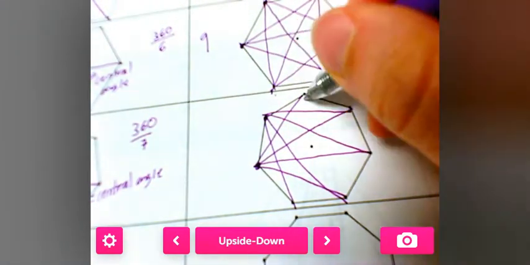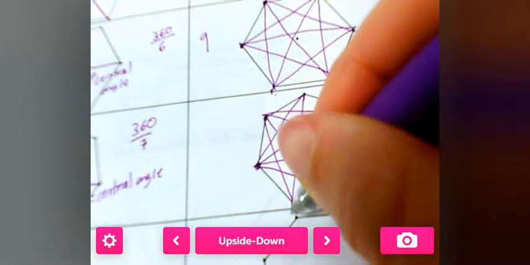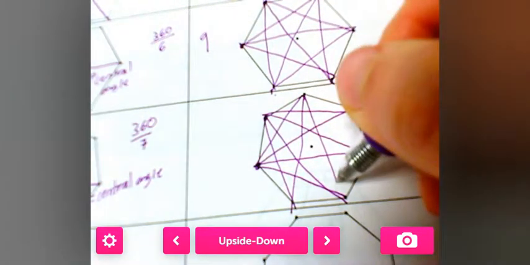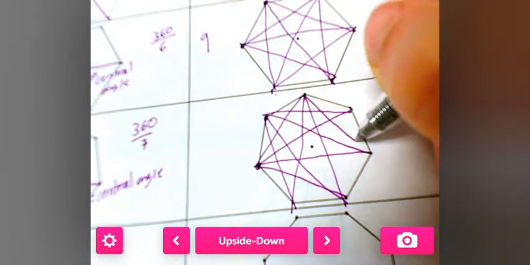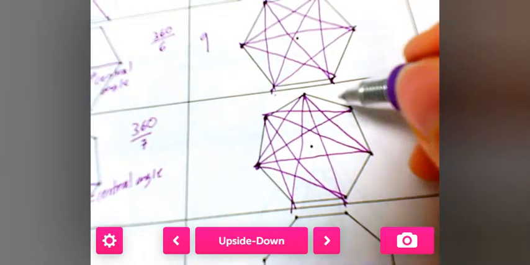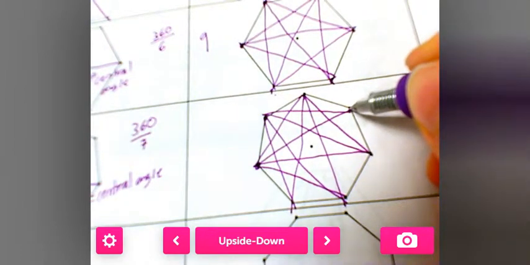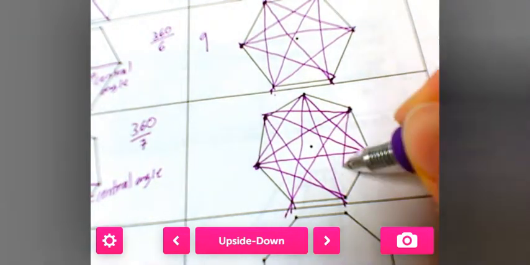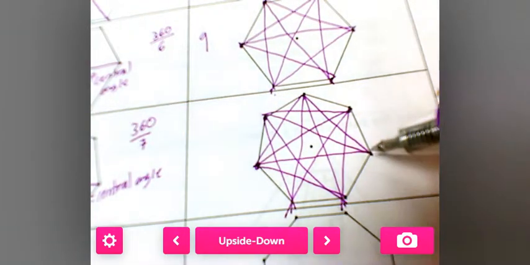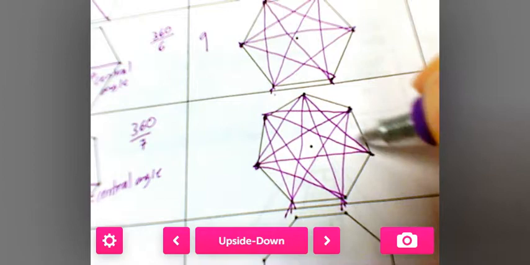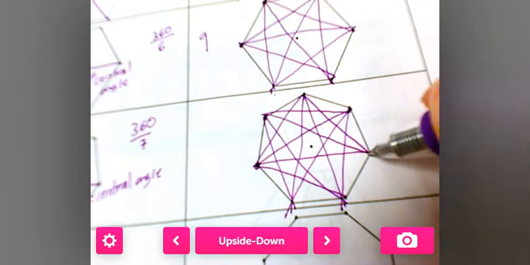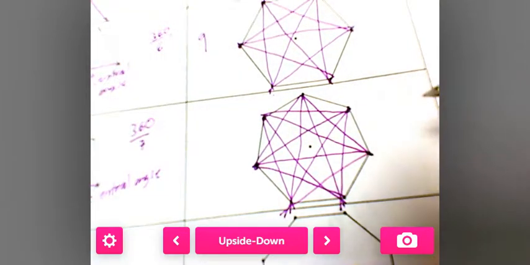Next diagonal. 9, 10, 11. Next diagonal. 12, 13. Next diagonal. 14.